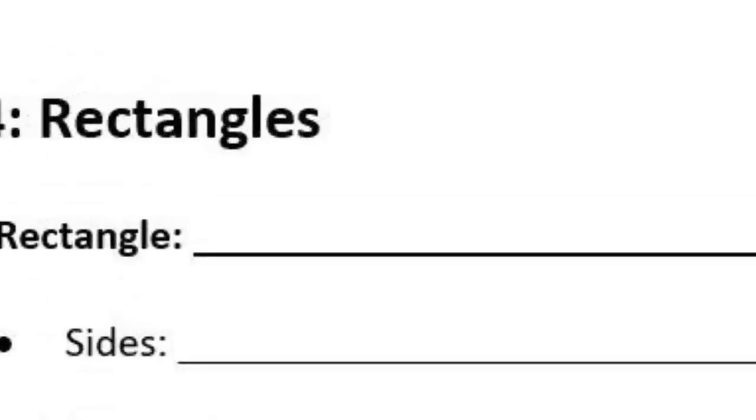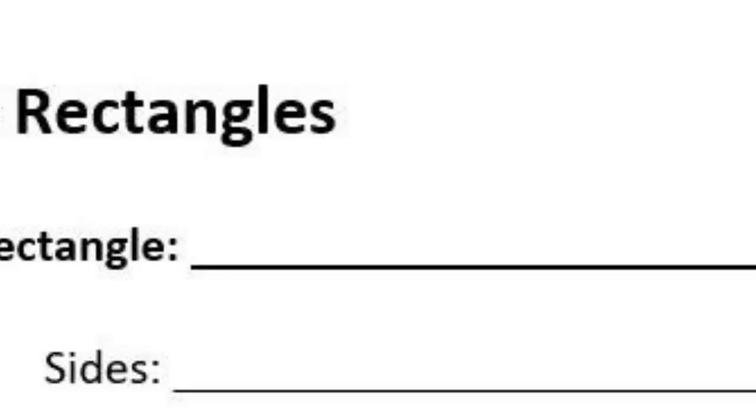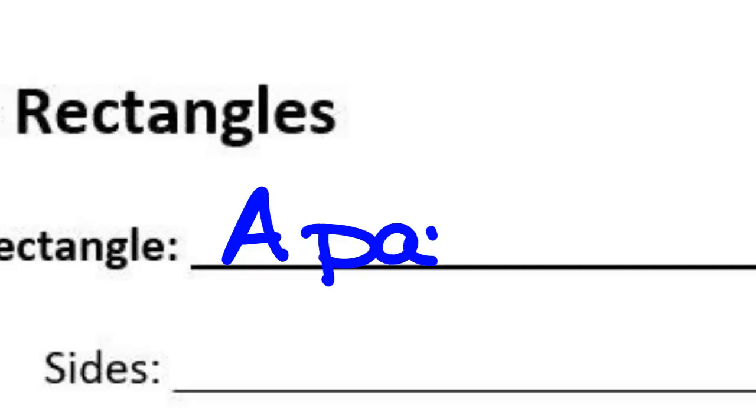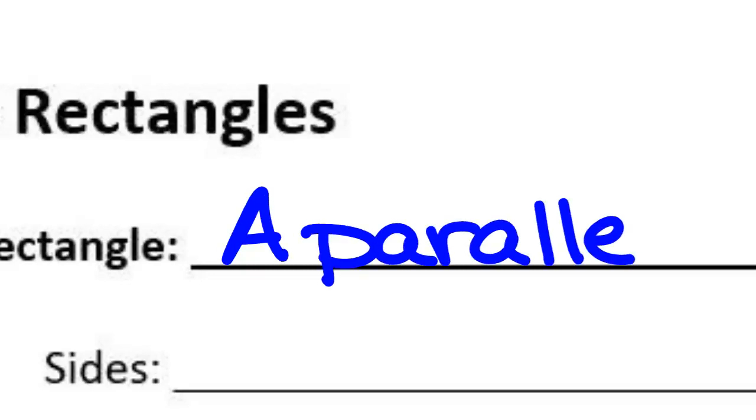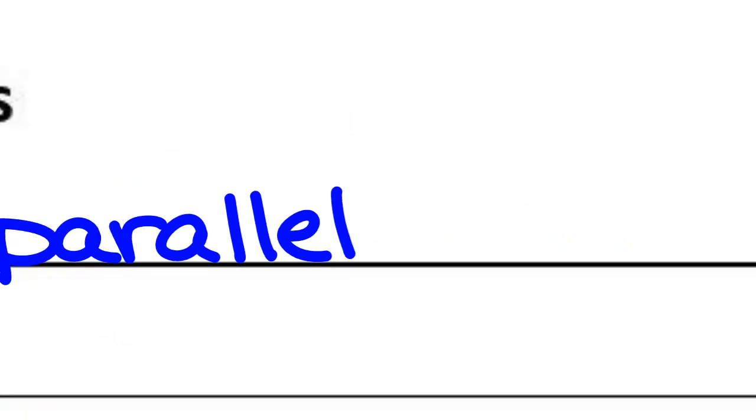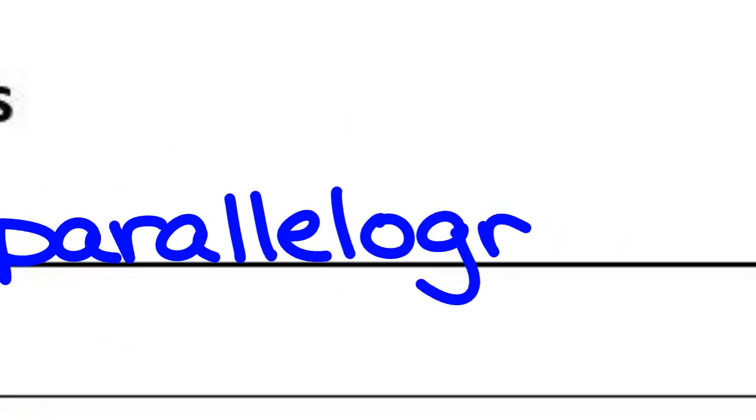So the definition for a rectangle, this is a very special type of parallelogram. It meets all the same requirements for a parallelogram, with the addition of having four right angles.